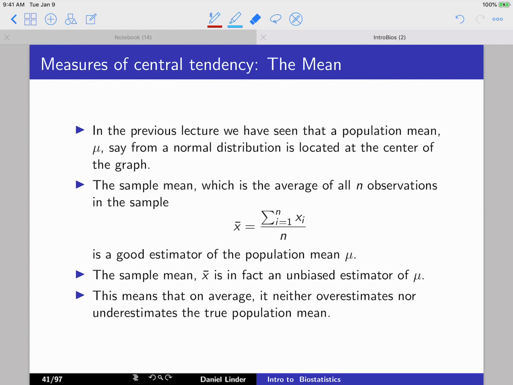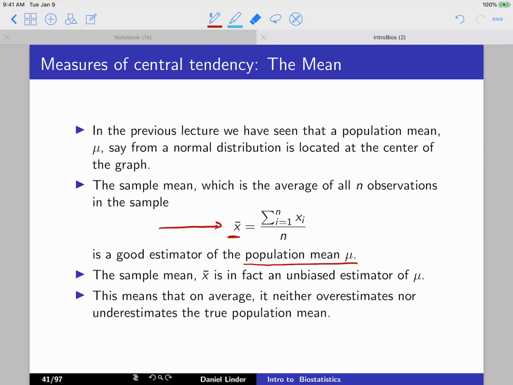So it turns out that this quantity, this sample mean, is a good estimator of a population mean. Remember, what we want to do in statistics is say something about a population, and we use a sample to do that. The reason this is called a statistic is because each time you take another sample or resample from the population, it would be a different value.